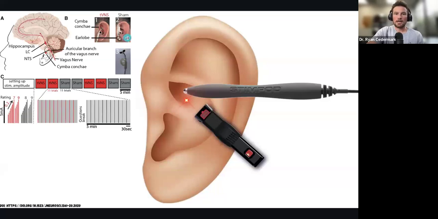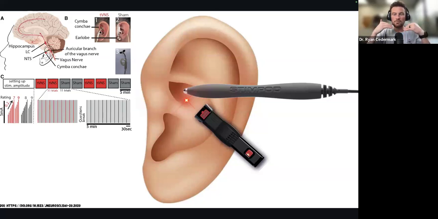It wraps around down, following the SCM, your sternocleidomastoid muscle. So there are cervical transcutaneous vagus nerve stimulators, but if you have access to a device that can stimulate the vagus nerve, it's a gentle electrical impulse on the cymba concha that, and this is the way I see it in my head, starts to light up the auricular branch of the vagus nerve, but it has a lot of central properties.